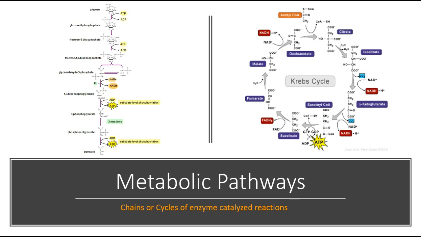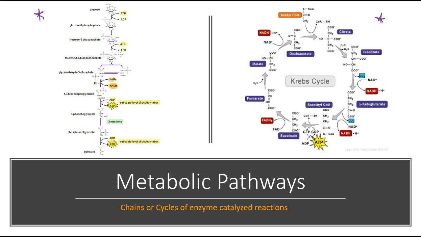So how do these metabolic pathways really work in real life examples? I have on this slide two real life examples of metabolic pathways. One of them has a linear, chain fashion, and one of them is a more cyclical metabolic pathway. Metabolic pathways exist in both chain and cycle form, but what they have in common is a series of metabolic steps mediated or controlled by specific enzymes at each step.